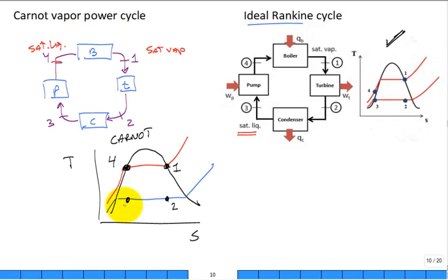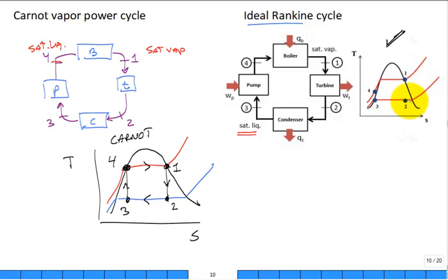It's a two-phase mixture, but there's state 3. And you look at it and you say, same components, but what do we have on the TS diagram for the Carnot? How does it compare to the TS diagram for the Rankine? It's a box on the Carnot, and it's not a box on the Rankine, is it?